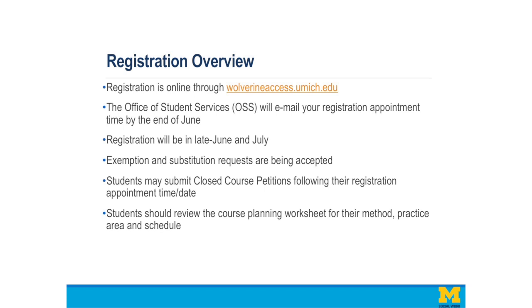There is a closed course petitioning process to request entry into a section of a closed course. You want to become familiar with that opportunity. We don't use the waitlist option on Wolverine Access. And once again, you should review your course planning worksheet to make sure you're following the specific requirements for your concentration, curriculum schedule, and practice area.